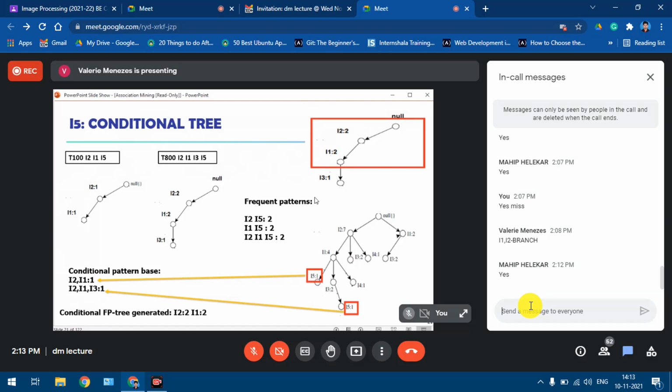Have you finished, students? Students, have you finished noting the contents on the slide? Students, have you finished? Okay. Anybody want some more time? Rishikesh?